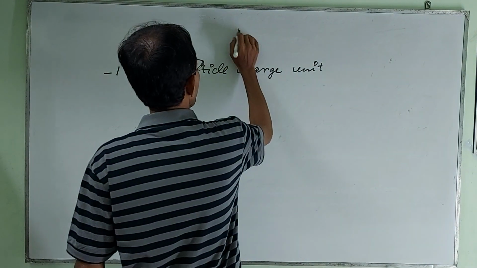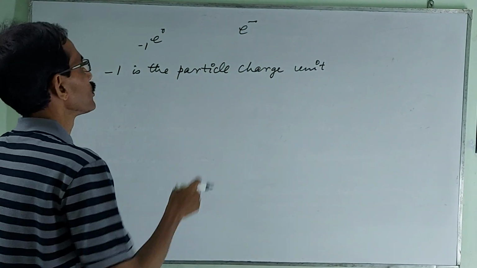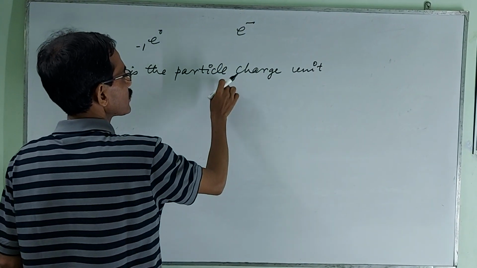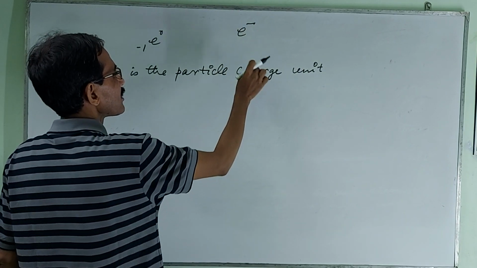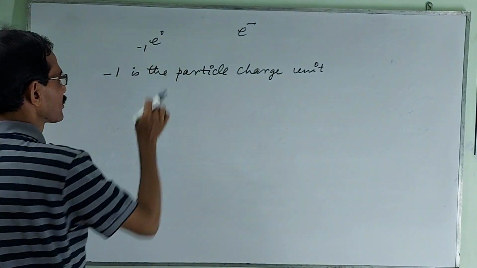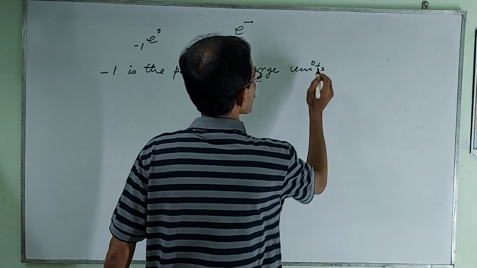That means we write E minus. That is, we have assigned negative charge. That is, minus 1 is the particle charge units.